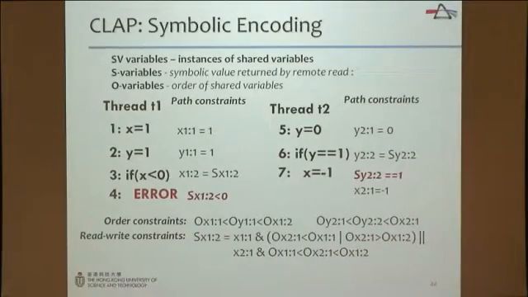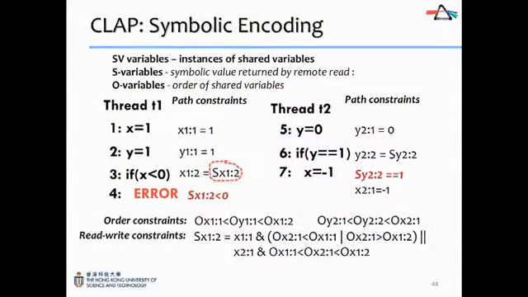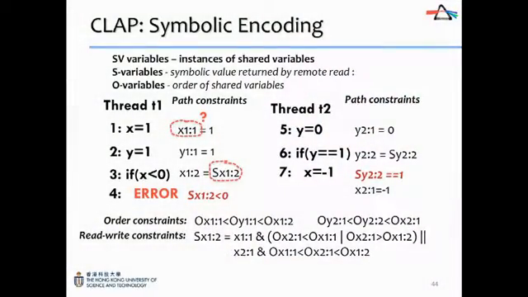At the bottom, I'm showing how we construct the constraints. The first constraint is just program execution order. It's very straightforward. The read-write constraint basically says I'm trying to match the symbolic variable that represents a remote read with actual writes. There are several possible instances to match to. For example, the one I circled can potentially be matched to its local write or to a remote write, so it depends on the actual pairing.